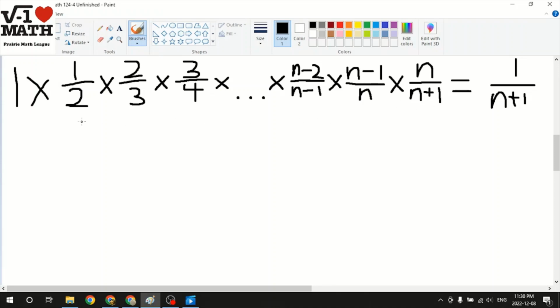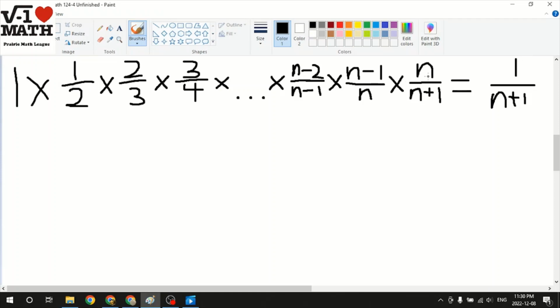So let's say we extend this pattern of 1/2, 2/3, 3/4 all the way n times. So let's say you pour n times.